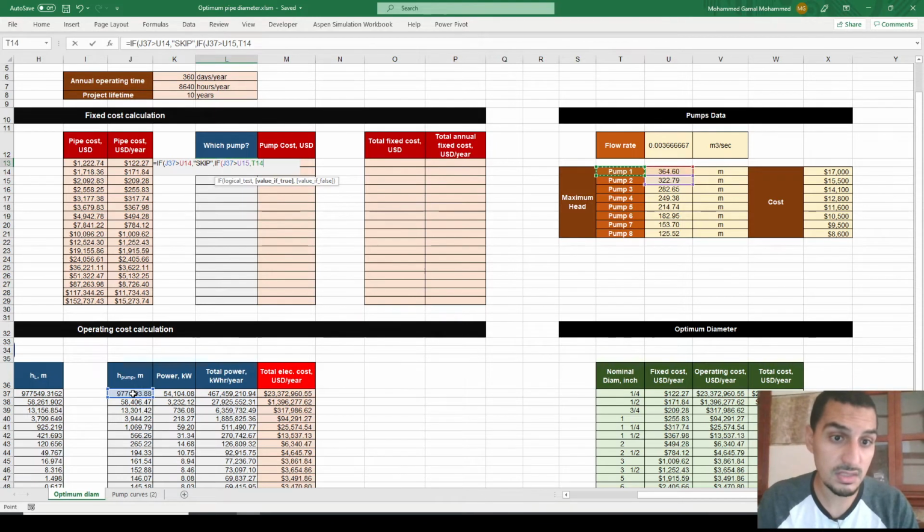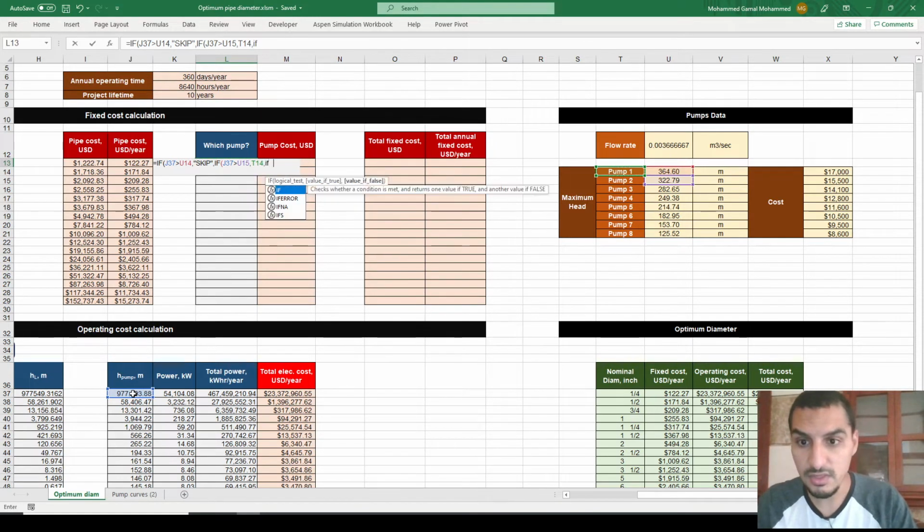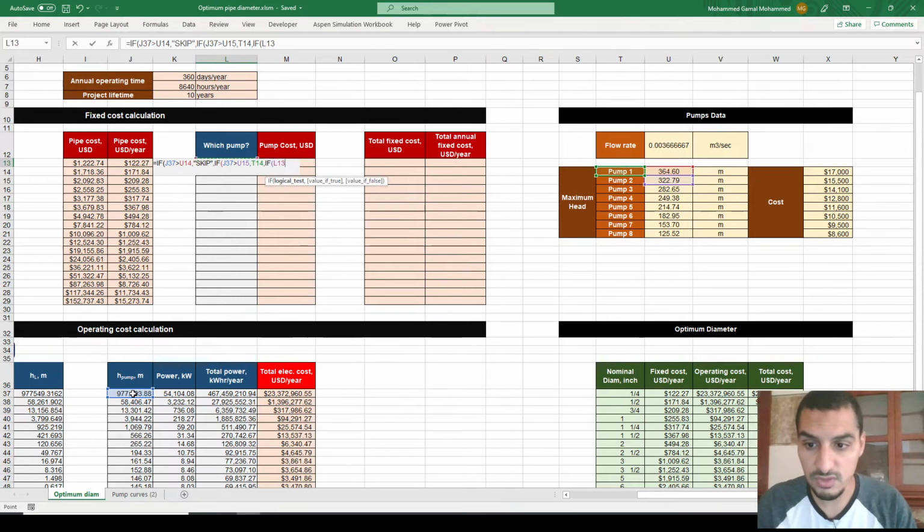This is what we said, it's gonna be between these two, then I'm gonna pick the larger one. Then another if condition, if this head is larger than the third pump's head, then we will go for the second pump.